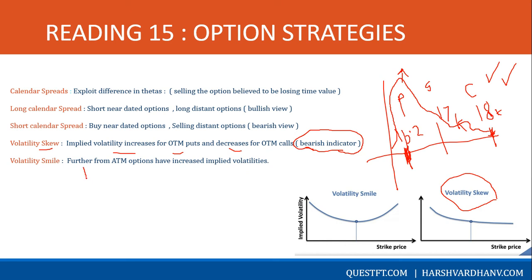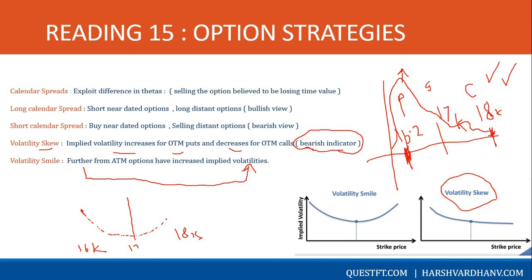Volatility smile: options further from the ATM have increased implied volatilities. It's from the same thing, that currently suppose the market is at 17k, and the 18k call option and 16k put option are finding a lot of interest, but as and when you are getting closer to the money, there are very few buyers.